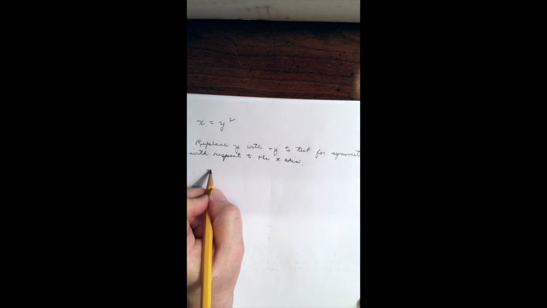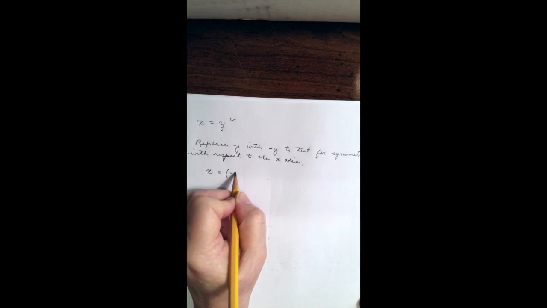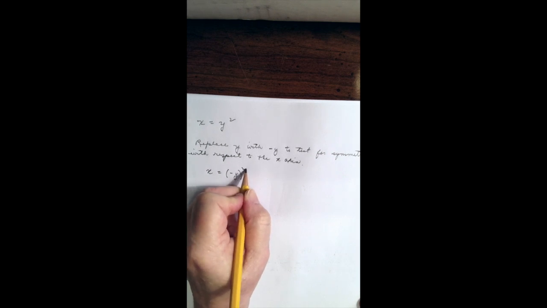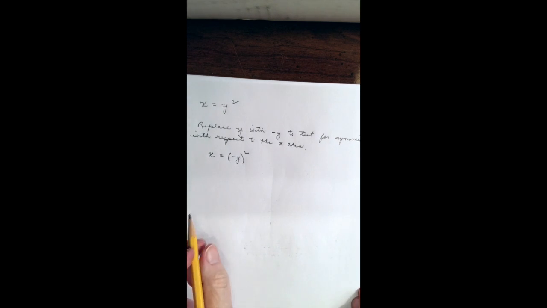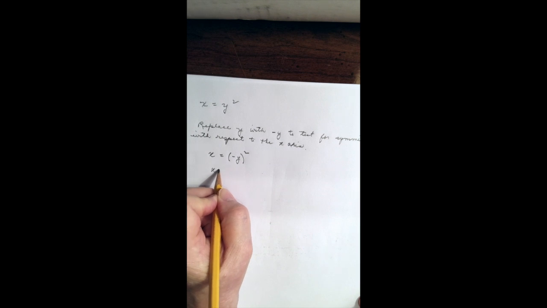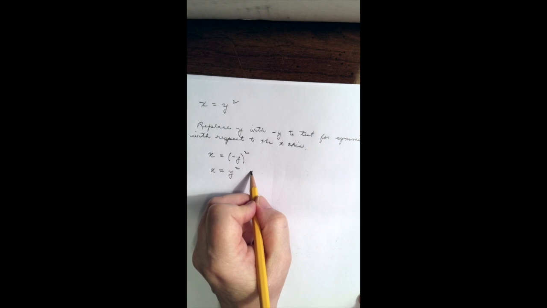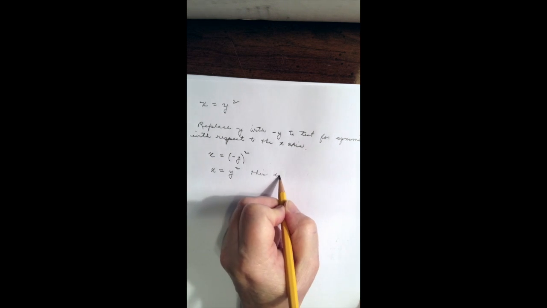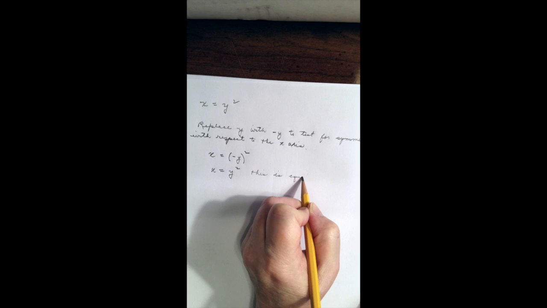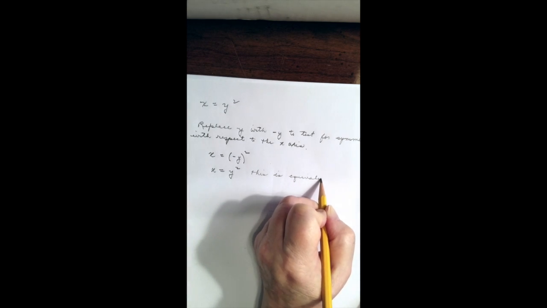And so we'll have x equals negative y in parentheses squared. And if we simplify that, we get x equals y squared. And this is equivalent to the original equation.